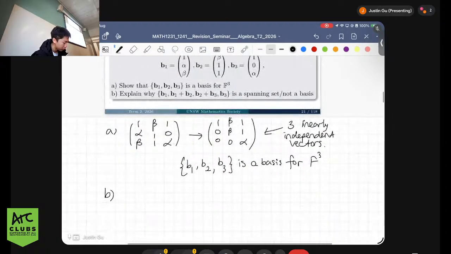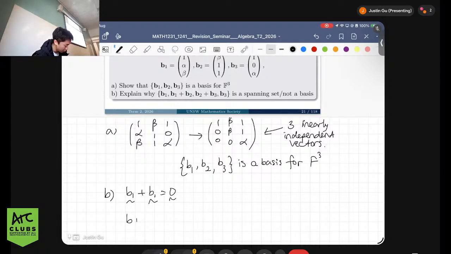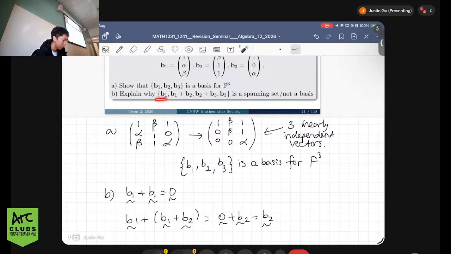So B1 plus B1 would equal 0. Therefore, B1 plus (B1 plus B2), the first and second vectors added together, would just give us 0 plus B2, which gives us B2. We have B1, the addition of these two gives us B2, and then we also have B3. Therefore it is a spanning set because B1, B2, B3 is a basis. Any questions with this part?